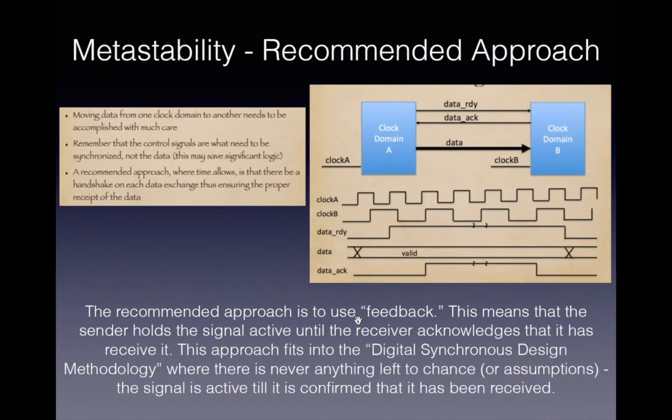The recommended approach that I talked about, I documented, let me go through it again, is that the control signal, in this case data ready, we don't limit to a particular number of clock edges.